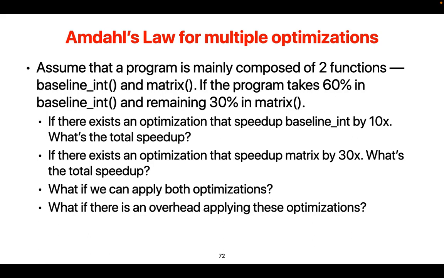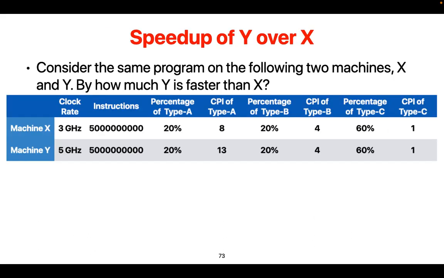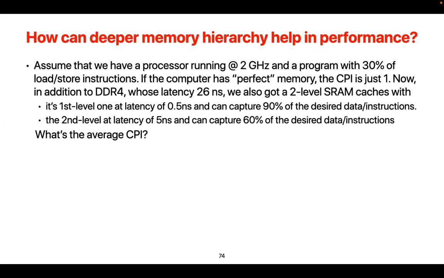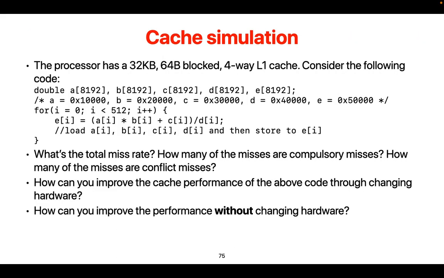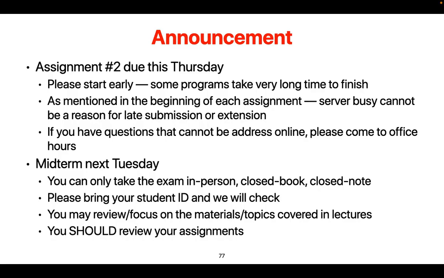So make sure that you know why the answer looks like that in your assignment. Speedup of y over x. I like that. Also CPI and cache simulation are topics that I like.